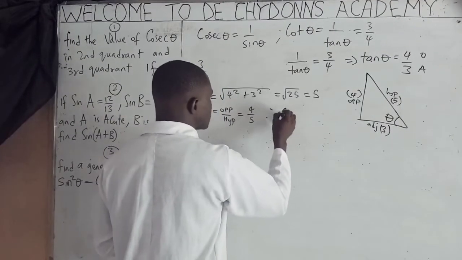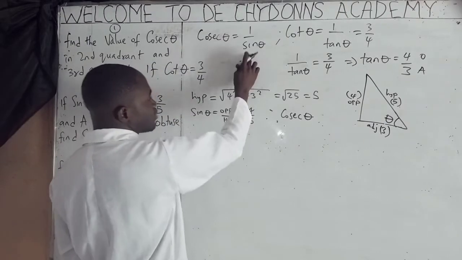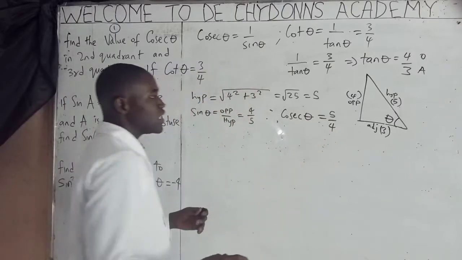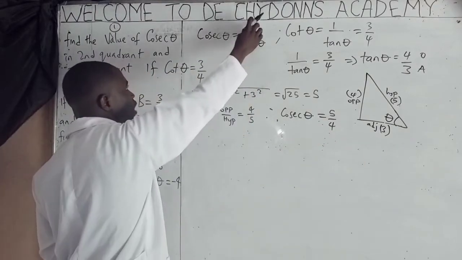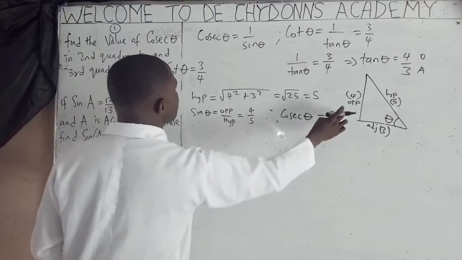But cosec theta means the inverse of this, the inverse of sin theta, that will give you 5/4. So we have gotten sin theta to be 4/5, so cosec theta will be 5/4.